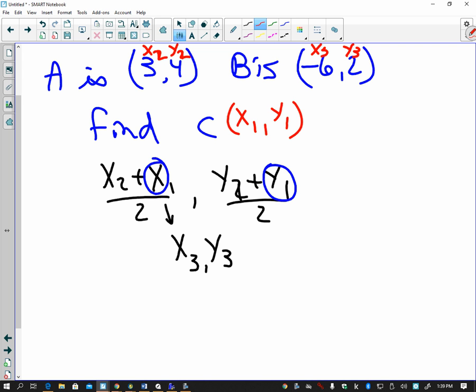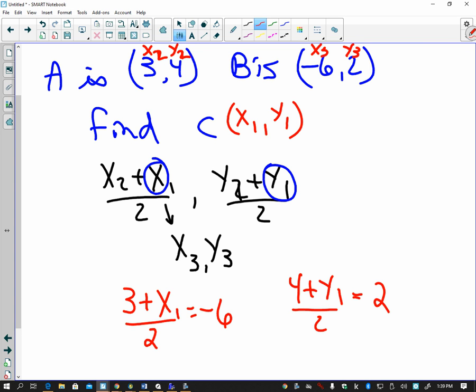I don't know what those are, okay? So let's start with what we have. x2 is 3 plus x1 divided by 2 equals -6. Okay? And then do the other part. 4 plus y1 divided by 2 equals 2. If we get here, can you solve? Do you need help with that?